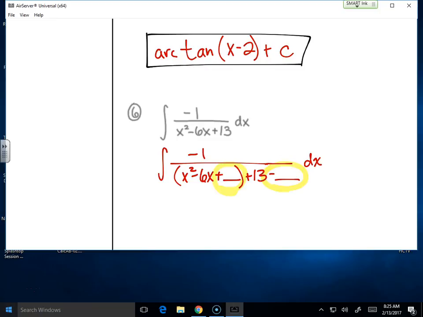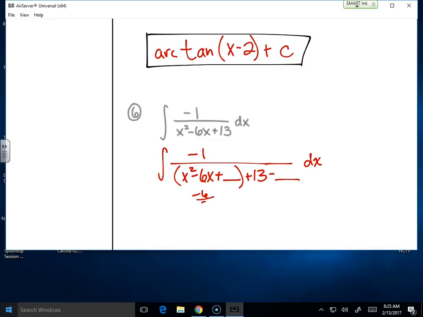I have to keep it balanced, right? And I don't have both sides, so I'm not going to add to both sides. In one expression, I have to add something and subtract the same thing to keep it balanced, or else I'm in trouble. Does anybody remember how you complete the square? Divide by 2, which is going to be -3.